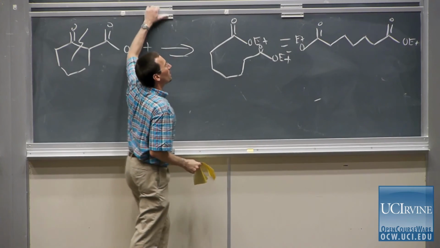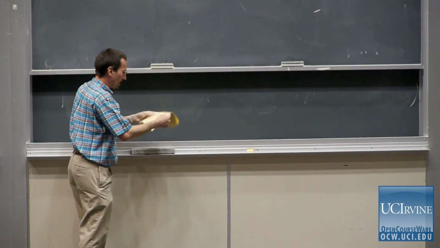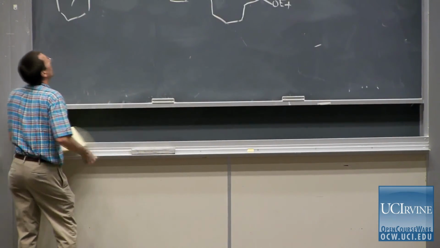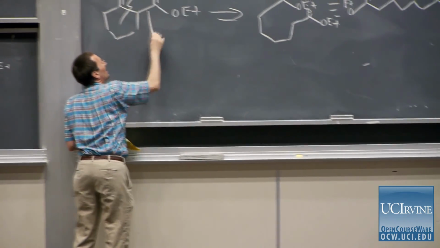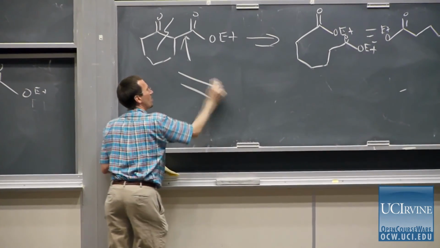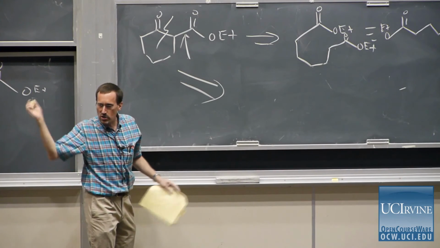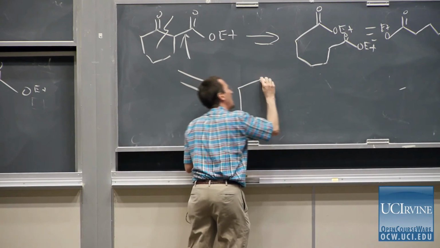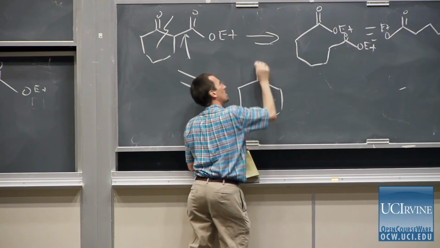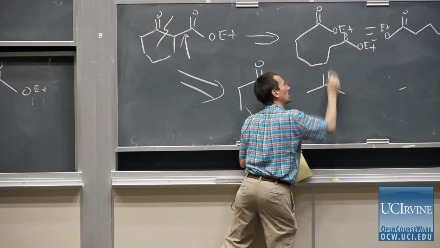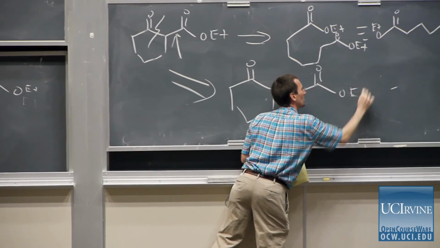And so you can see one way to break it apart. But you can also see a second way to break it apart. We saw that way just a moment before. That way of breaking it apart breaks it apart to cyclohexanone and diethyl carbonate.